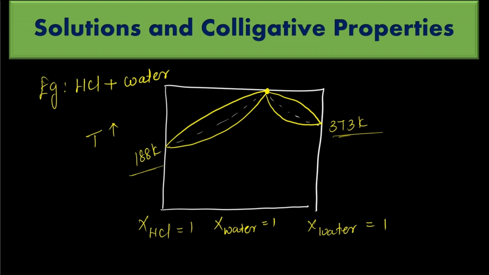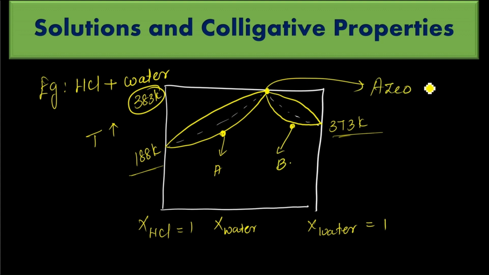As I increase the water content, it boils at the temperature of the azeotrope, 383, which is higher than both of these. At this point you can separate out A, at this point you can separate out B, and this is our azeotrope point. At this point the solution behaves as an azeotropic mixture.